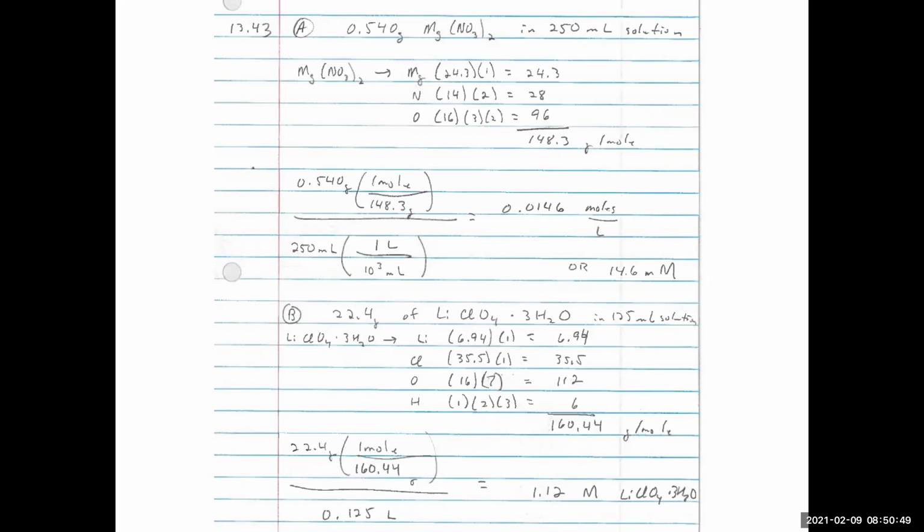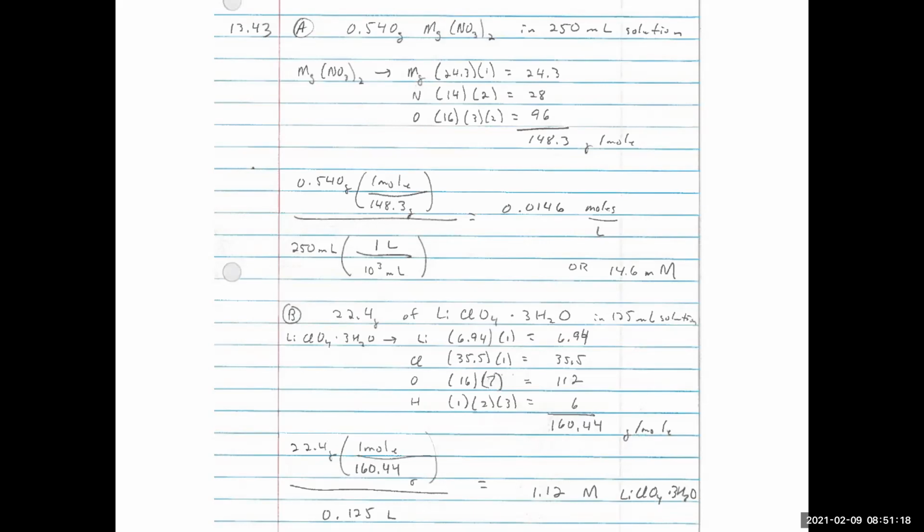The other one we have to be a little careful about is the oxygen. We have 2 sources of oxygen here. We have the LiClO4, so we have 4 oxygens coming from there. But then we also have the 3 water molecules, and we have 3 oxygens coming from there. So we have a total of 7 oxygens. We have to make sure that we multiply our oxygen atomic weight of 16 by 7 to account for all those.